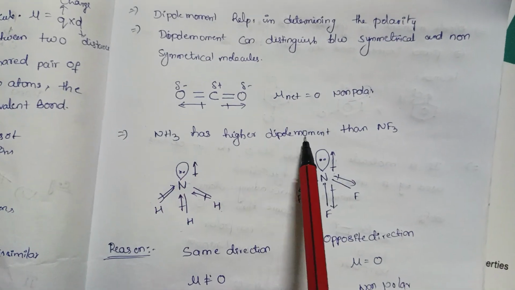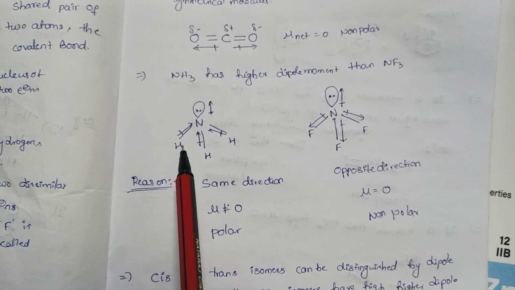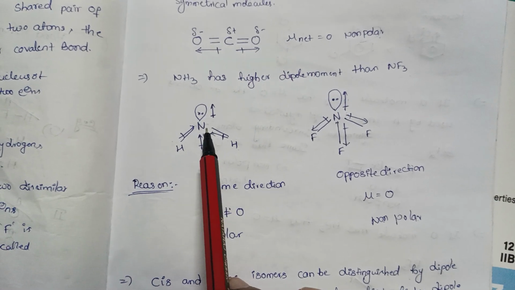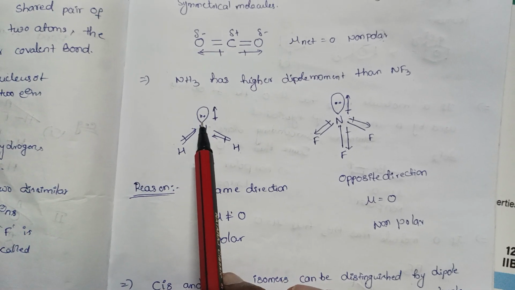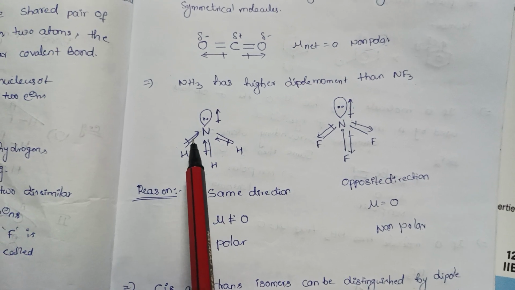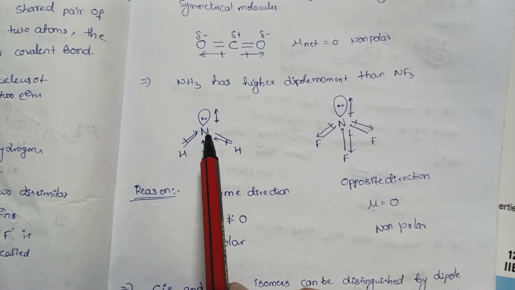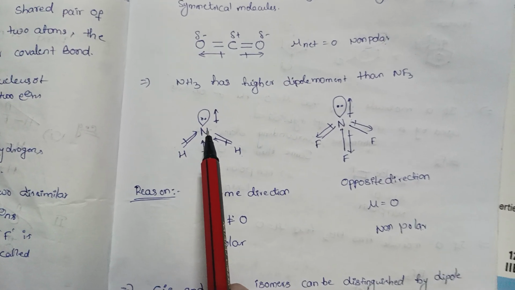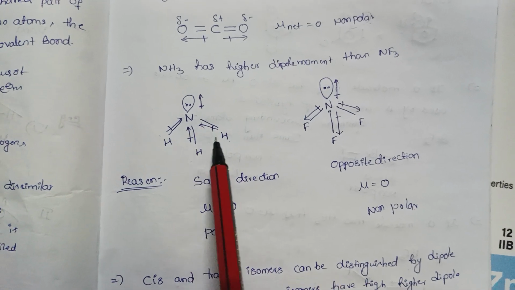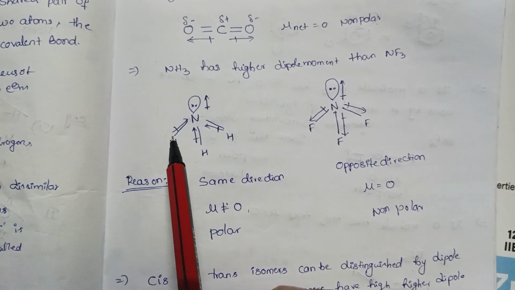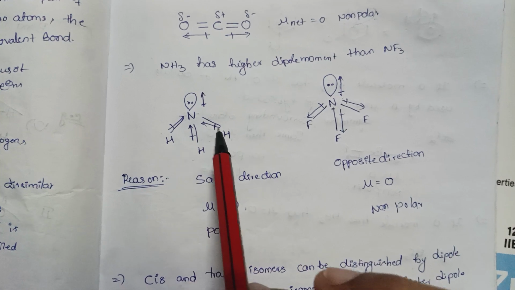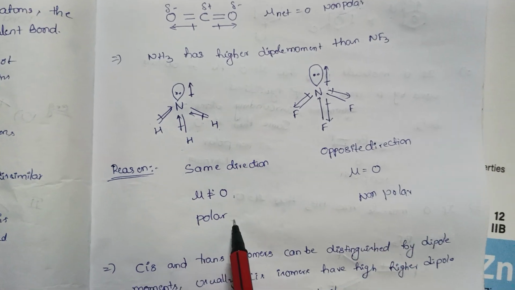NH3 has a higher dipole moment than NF3. Hydrogen has less electronegativity than nitrogen, and nitrogen has one lone pair of electrons, and the crossed arrow is towards the more electronegative atom. The net dipole moment is not equal to 0 because all the vectors are in the same direction, and it is a polar molecule.